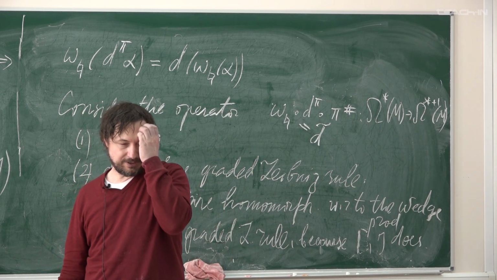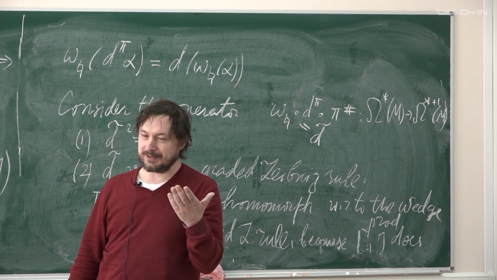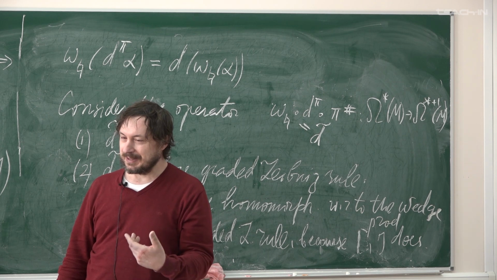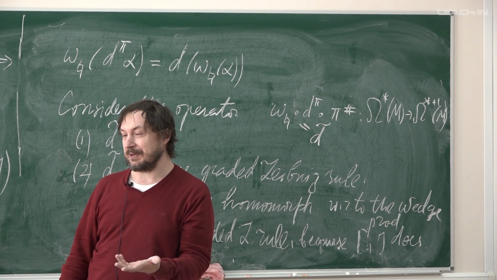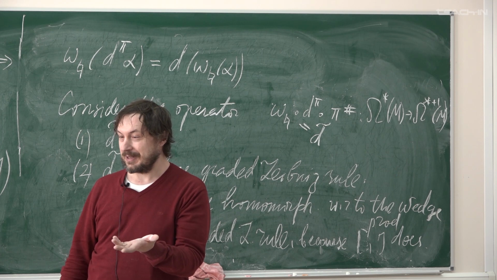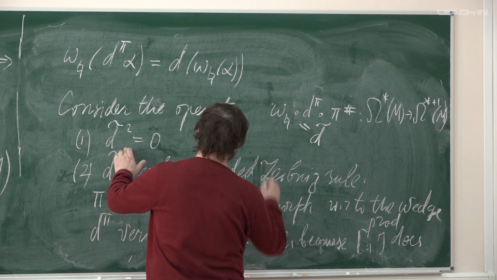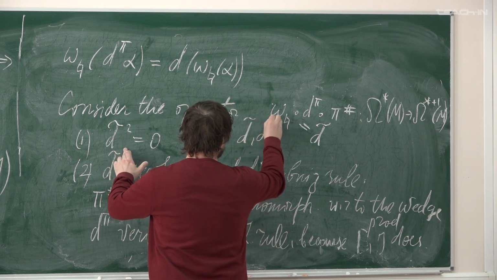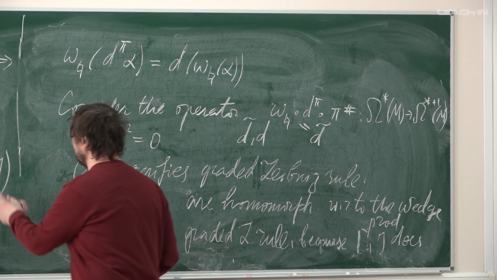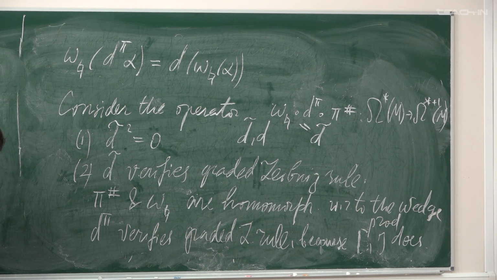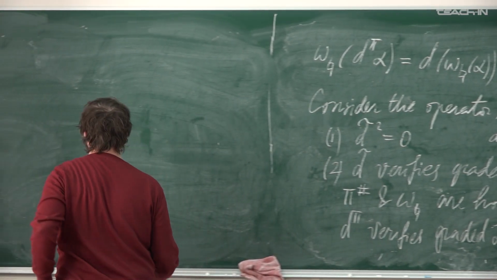So it only remains now. Since you know that the operator on differential forms is uniquely defined by these two properties and by its values on low degree elements, right? So let's check that these two operators, d tilde and usual d, agree on functions and on, say, differential one forms, and that's enough. I think even functions are enough. So let's check that on functions.